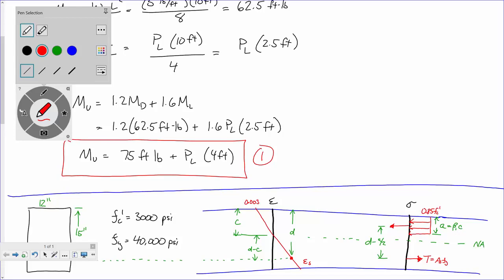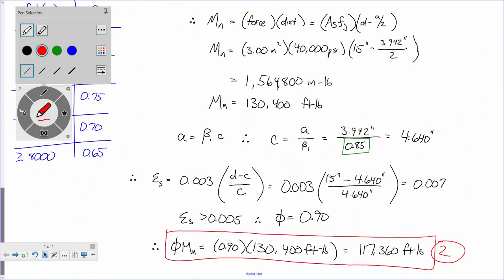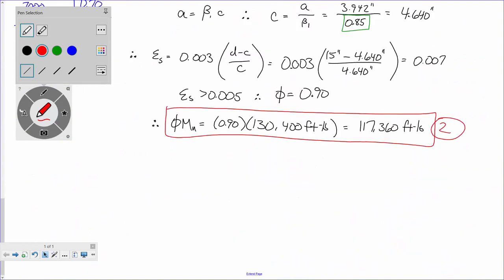So phi Mn has to be greater than this 75 foot-pounds plus PL over 4, so I can set those equal to one another and solve for PL. 75 plus PL times 4. I can scroll up and down as much as you all would like.